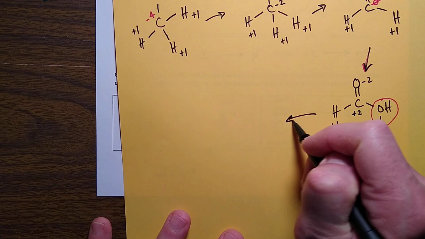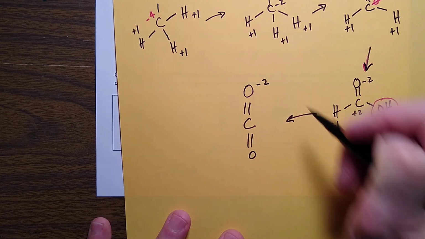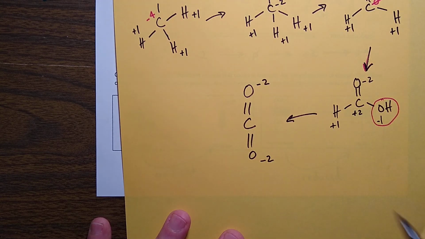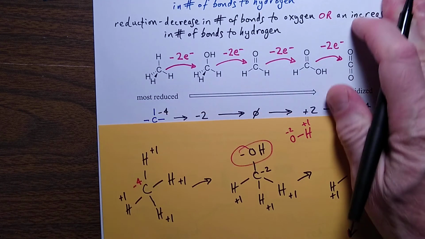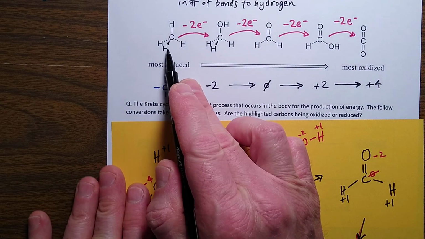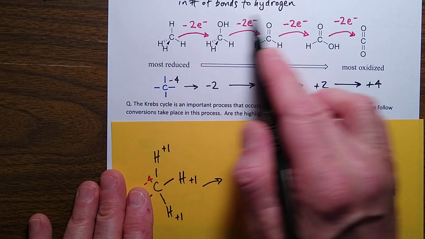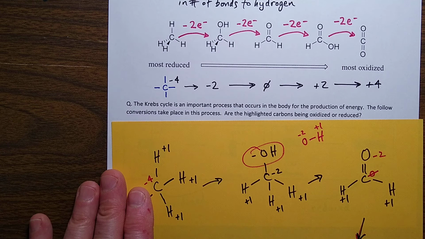And then finally, all the way up to CO2, I have a -2 oxidation number there, -2 oxidation number there. Therefore, carbon in its highest oxidation number is +4. And notice that going all the way from the most reduced state of carbon in an alkane to the highest oxidation number involves a loss of 8 electrons.